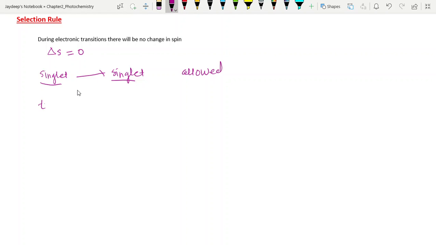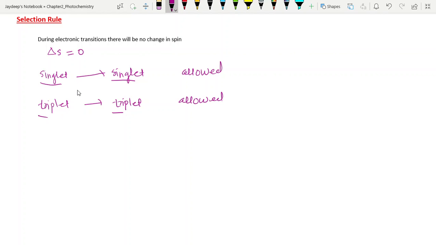If you consider a transition that is triplet to triplet, again both have the same spin, same state. This is triplet, this is triplet. So the transition is allowed.